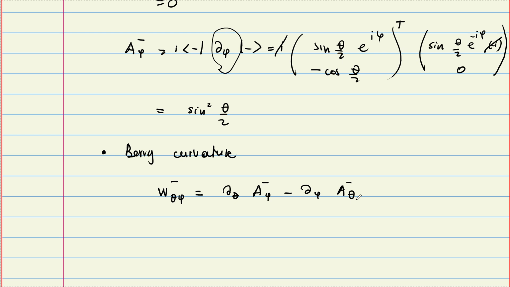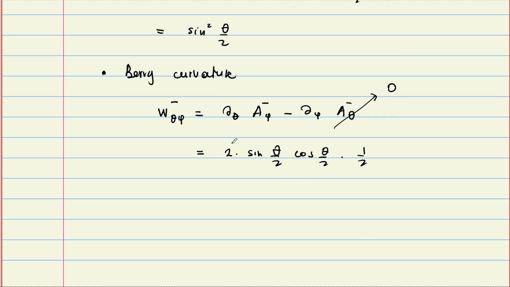I just rewrite the same equation but in terms of theta and phi. And this thing is already 0, so there's nothing to calculate here, and I need to just take the derivative of this thing. It is going to be 2 times sine theta over 2 cosine theta over 2 times 1/2, and it is going to be 1/2 sine theta. Good.